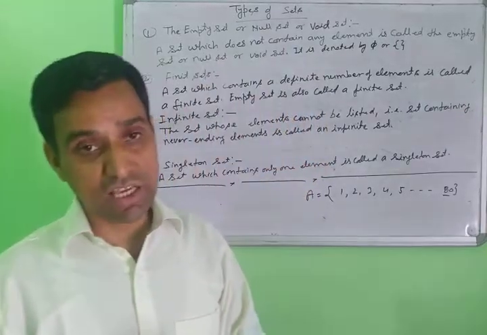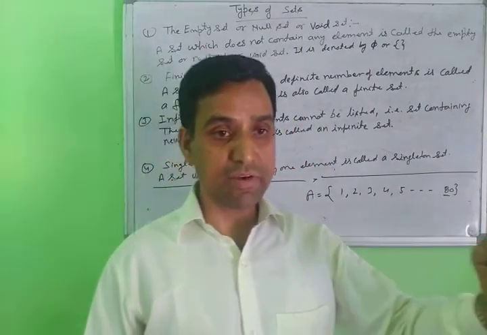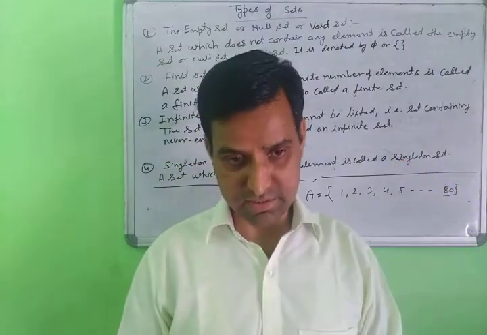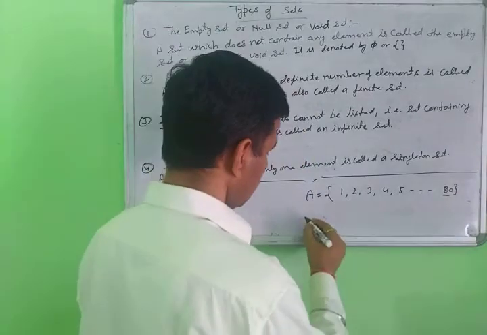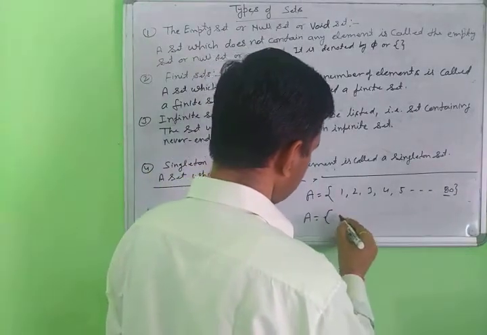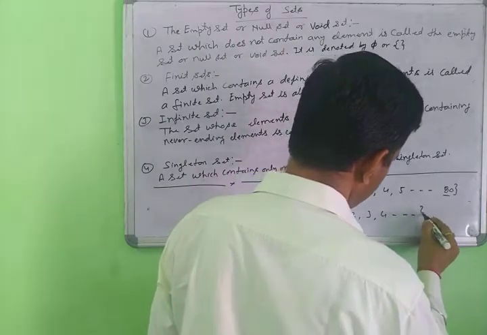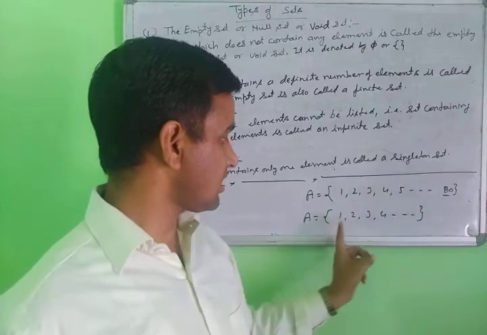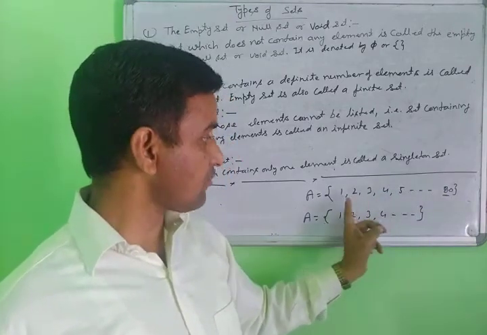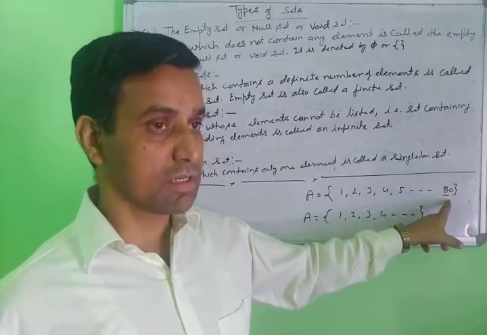Next point is infinite sets. Those sets not having a definite number of elements are called infinite sets. Same example here. Suppose you write set A equal to {1, 2, 3, 4, ...}. Now look at the difference between both sets. Is this the finite set or the infinite set? Here it is a finite set, because the last element is given.